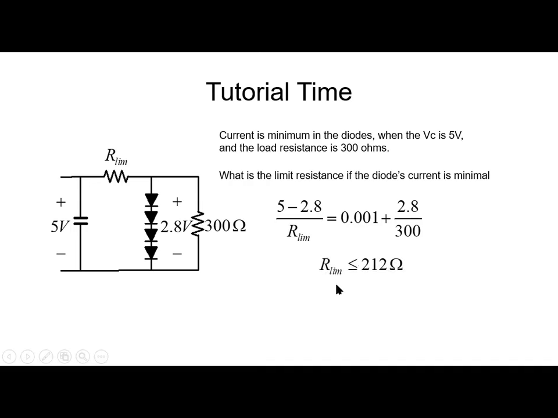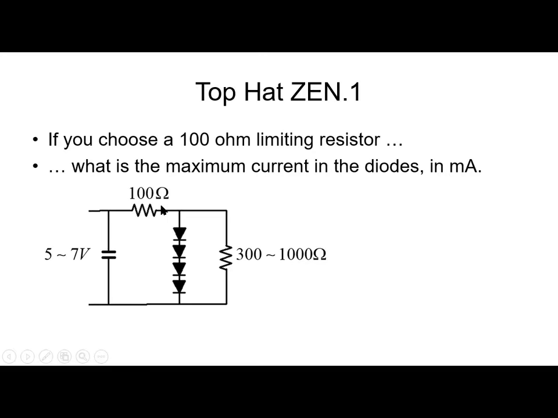From there we say, if we exceed the limiting resistor value of 212 ohms, the current in the diodes will drop below 1 milliamp and the voltage clamp will not be guaranteed anymore. Summarizing, the limiting resistor should be between 41 and 212 ohms. For the sake of the argument, let's say that I choose a limiting resistor of about 100 ohms.